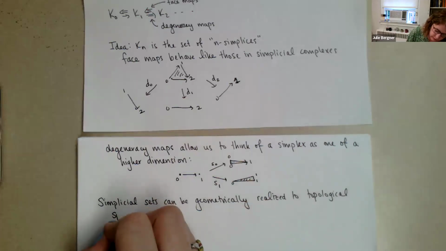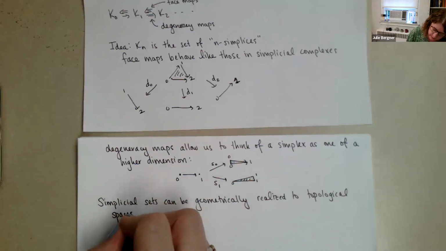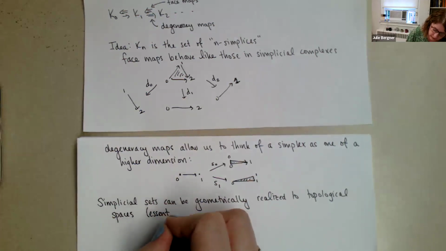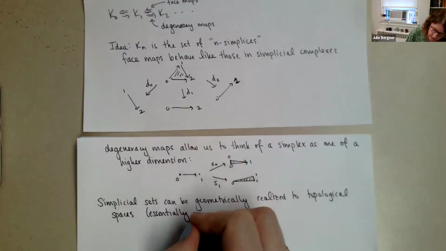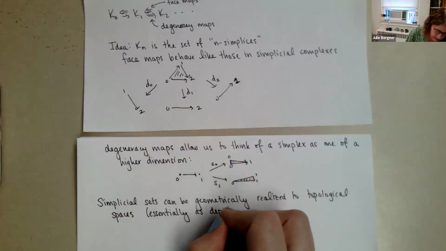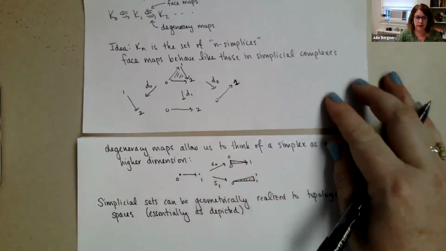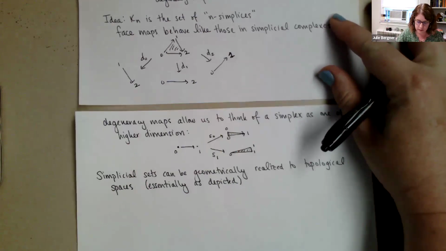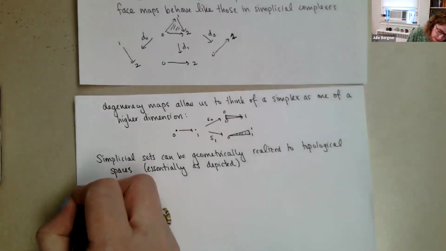There's an official formula for that, but you can think of it just as I've depicted them. I've already been doing that by drawing them as literal line segments and triangles. As in the definition, they're just elements of a set, but we really think of them in the topological way.